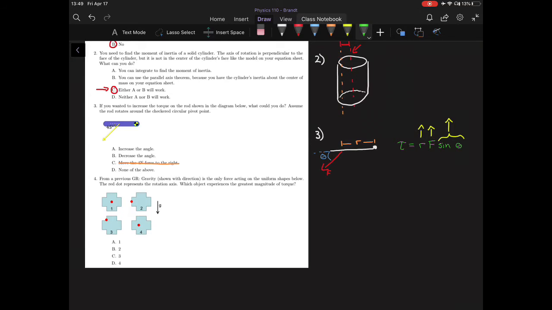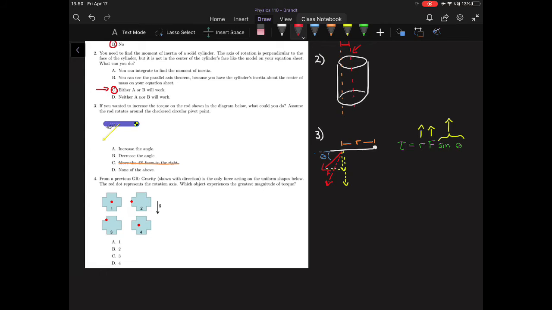So let's think about this. Sine of theta basically gives us this component of our force. So if we want to increase this component, maybe we want it to be larger in some capacity, what would we need to do in order to change our force to be this way?